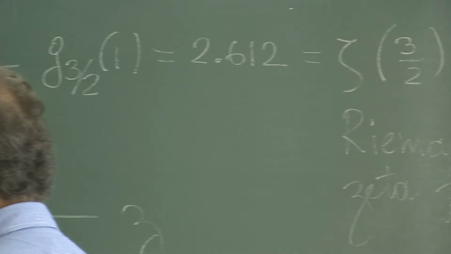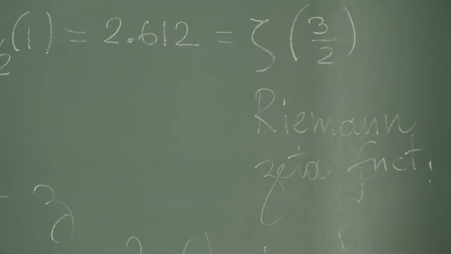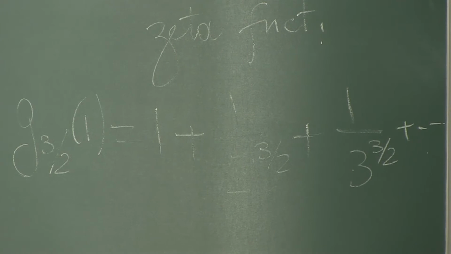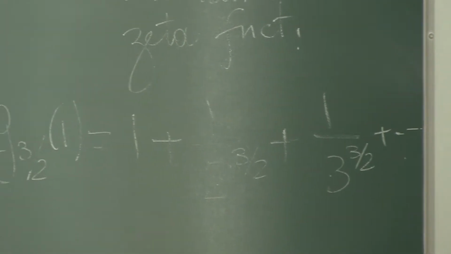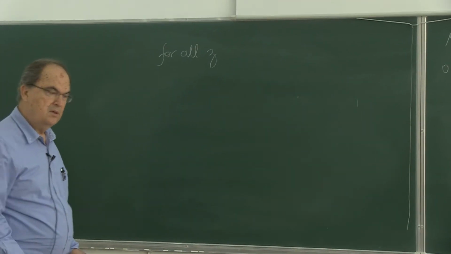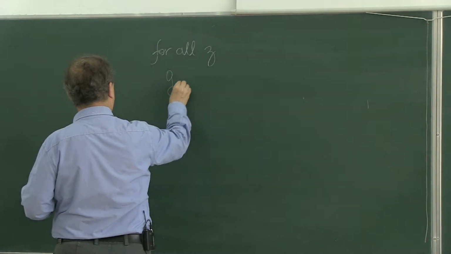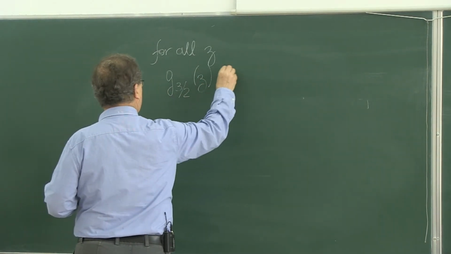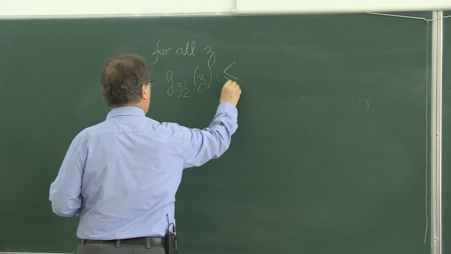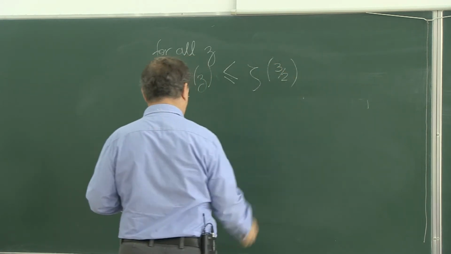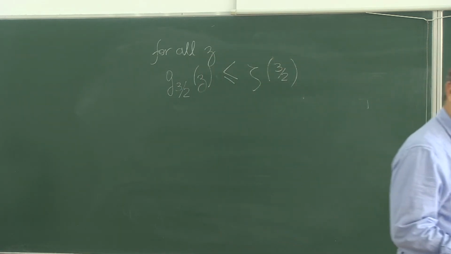Well, we see that for all values of z of any interest, that means between 0 and 1, we have the following property. g 3/2 of z is smaller than or at most equal to zeta 3/2, that means 2.612.